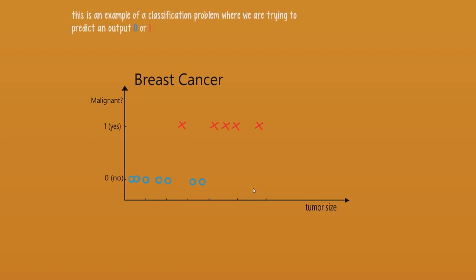So yeah, this is an example of a classification problem, by the way. The other one was called a regression problem, and this is classification because we are classifying the tumor as malignant or not. So the class of yes and the class of no.